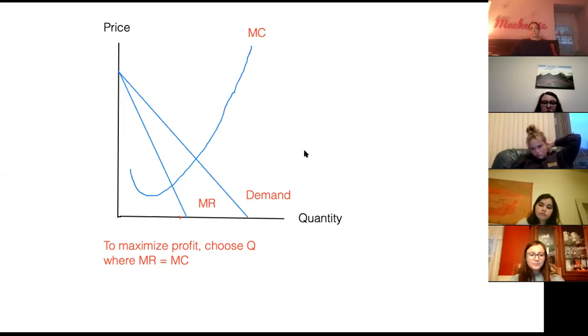Yeah, well, I mean, where on the graph defines the quantity that we want to supply? So we're not actually on the x-axis, but we read down to the x-axis. Where they intersect? Right here. Can you see the cursor? Mm-hmm. Okay, yes. So that's what you do. You find where MR equals MC, and then you just read the quantity right here. Okay, let me see if I can put an arrow in there.